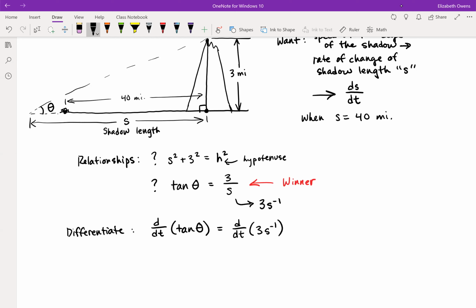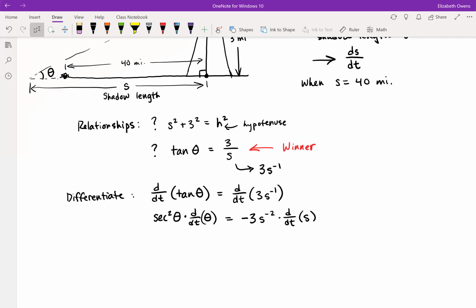Okay, so these are implicit derivatives. And so we'll take the derivative of tangent, that's secant squared theta, times d/dt of theta. And then the derivative of 3s to the negative first would be negative 3s to the negative 2 times d/dt of s.